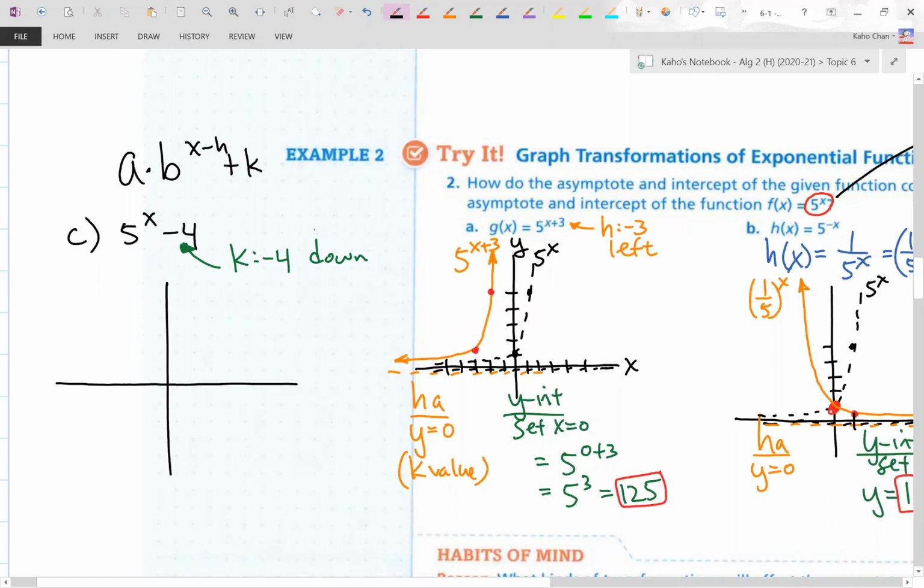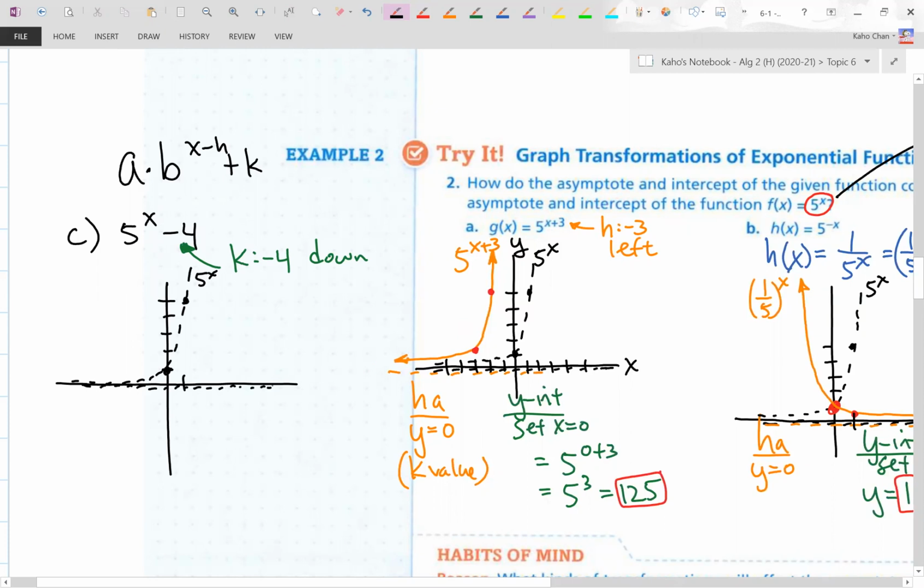I'm going to put in the parent function again. 0, 1, 1, 5. That's your parent function. And this time we will witness the horizontal asymptote actually moving along with the graph itself.